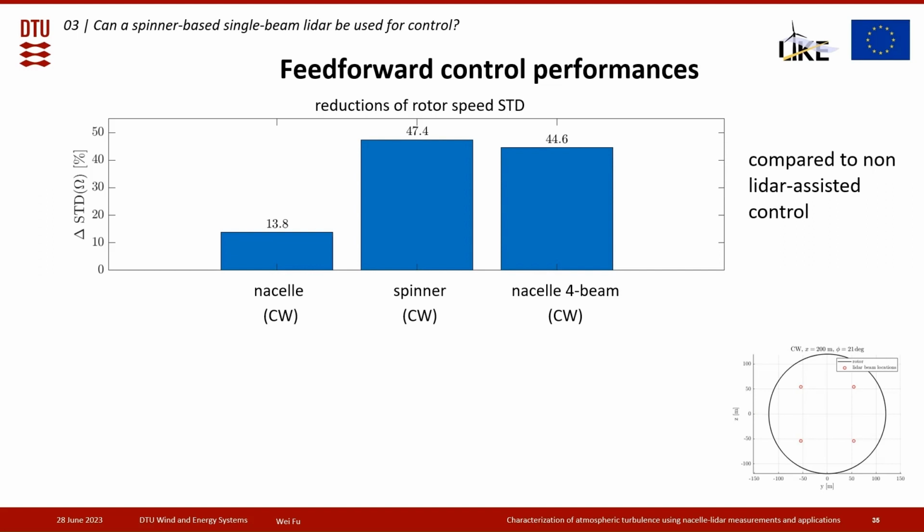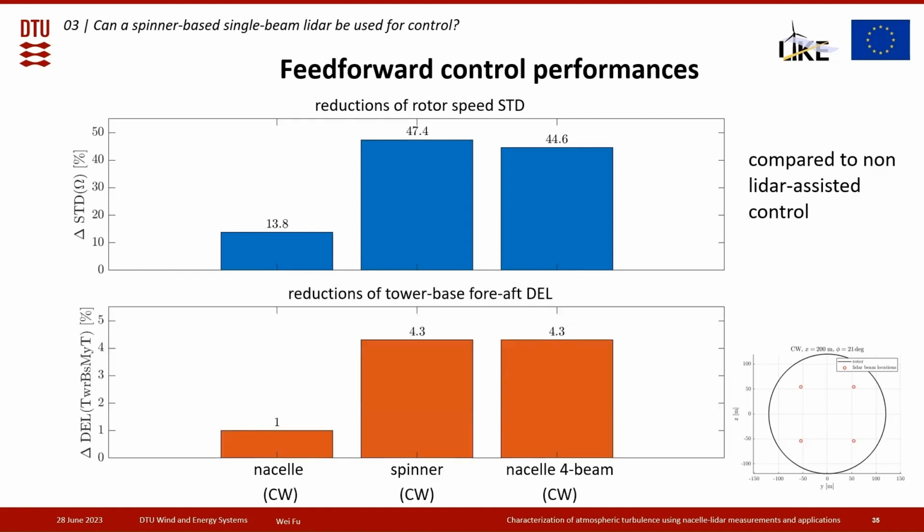And we also simulate a nacelle-based four-beam LiDAR. The scanning pattern is shown in this little plot, just to compare the control performance. And we see that using a one-beam LiDAR in the spinner, we achieve similar control benefits as the four-beam LiDAR on the nacelle.